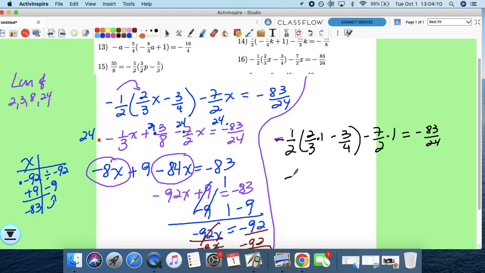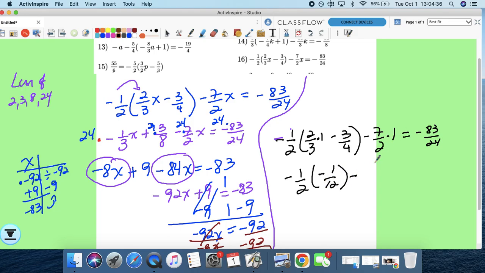Let me simplify that a little bit. 2/3 times 1 is just 2/3. Now we have to do 2/3 minus 3/4. I'm too lazy now. 2/3 minus 3/4 is going to give me negative 1 over 12.